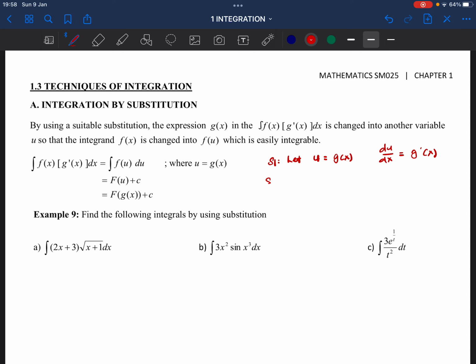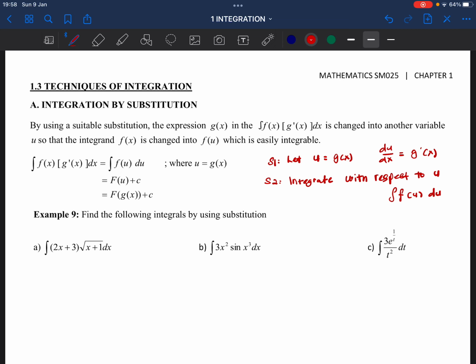The second step is we have to integrate with respect to u. It will be looking like this: integrate your function in terms of u with respect to u.